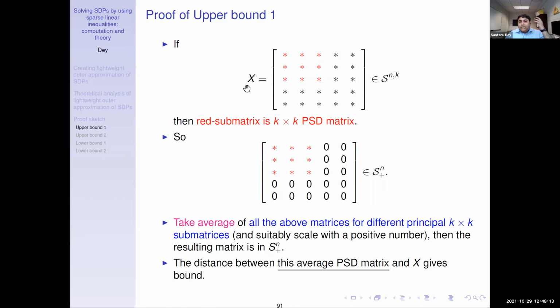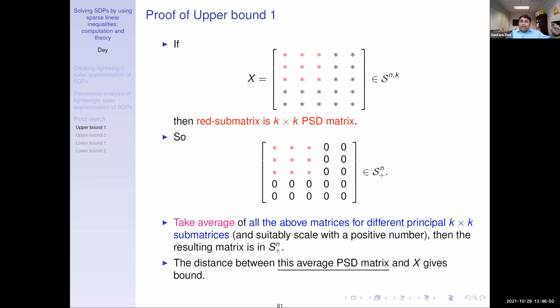So what happens is I start with a matrix X, and I get this averaged out matrix that is in S_n^+. If I find the distance between these two, this gives me an upper bound to the distance to the PSD cone. It turns out that this average matrix has some very nice properties. It looks exactly like X, except that the diagonal and the off-diagonal terms are scaled differently.